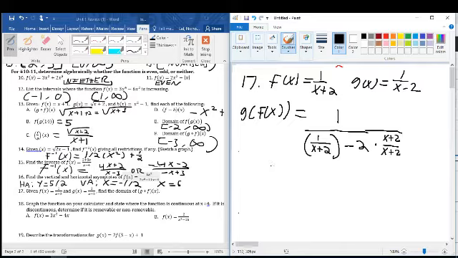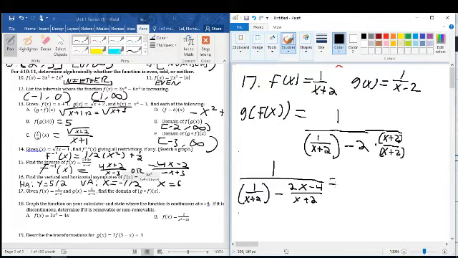Next step, I'll have 1 over x plus 2 minus 2 times x plus 2 over x plus 2, so that's going to be equal to minus 2x minus 4 over x plus 2, which will be equal to 1 minus 2x minus 4.